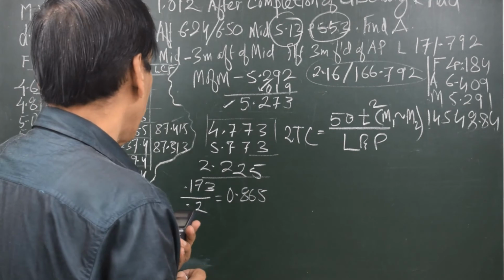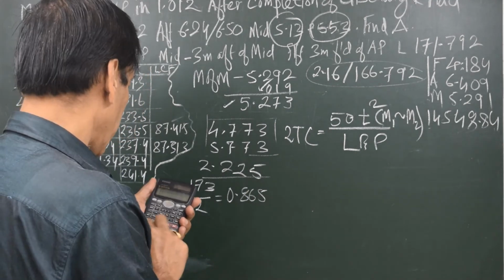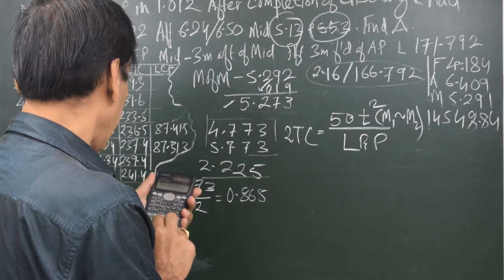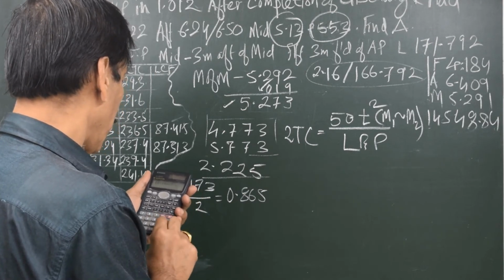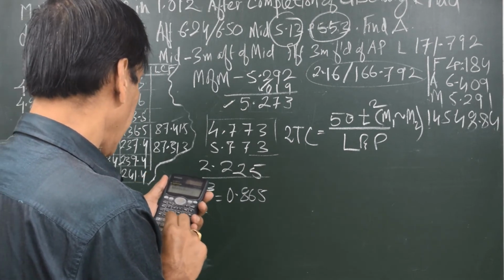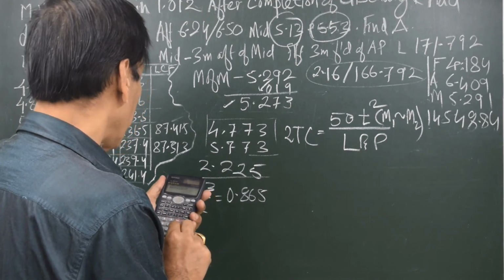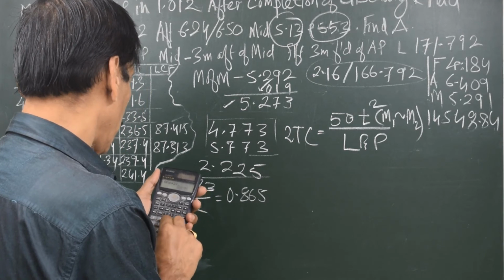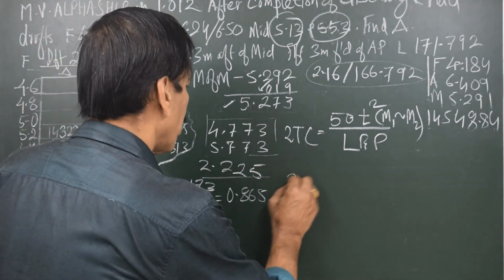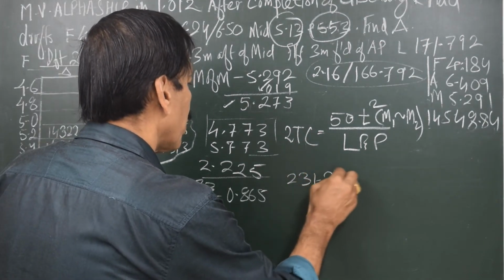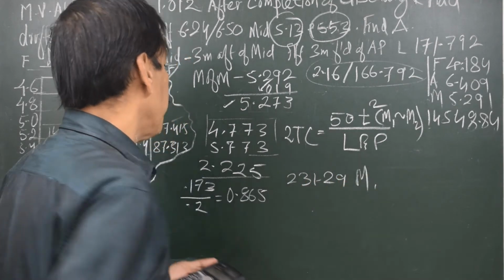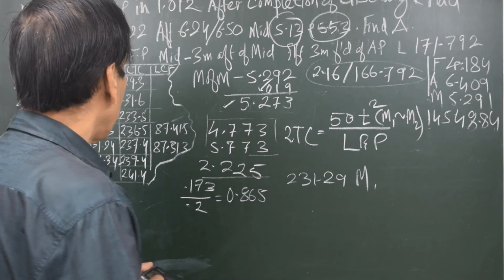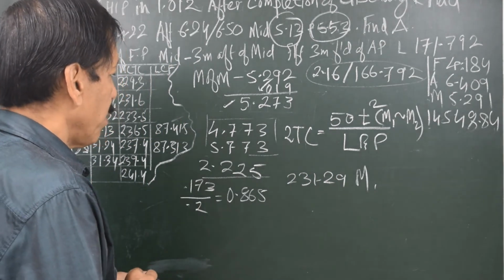And the usual way of interpolation: 231.6 minus 229.3 multiplied by 0.865, whatever I get, plus the first value 229.3, gives me 231.29, that is MCTC1.